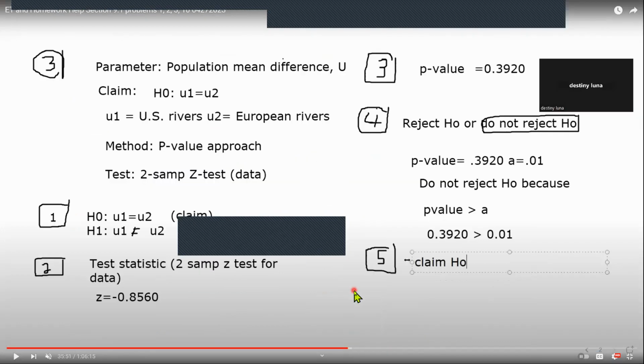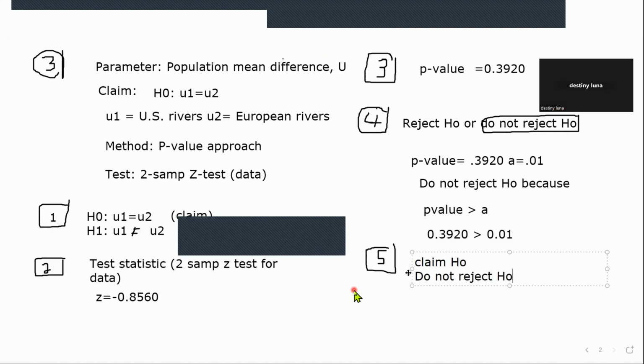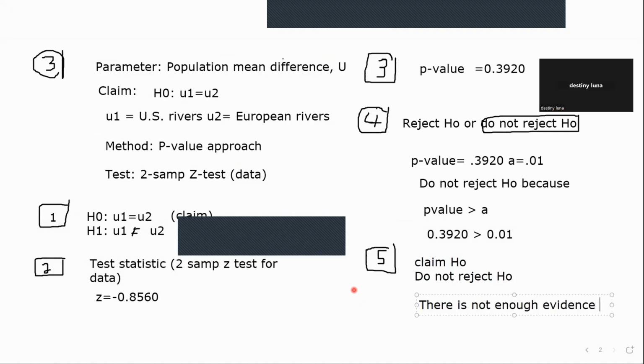So there's my hypothesis test. Here I'm reminding you what the claim was and what the decision was.